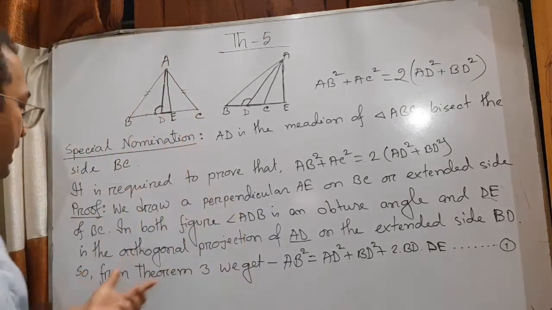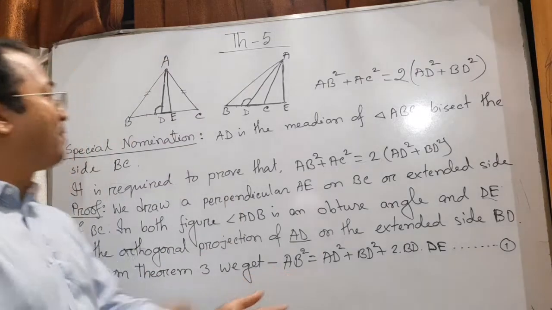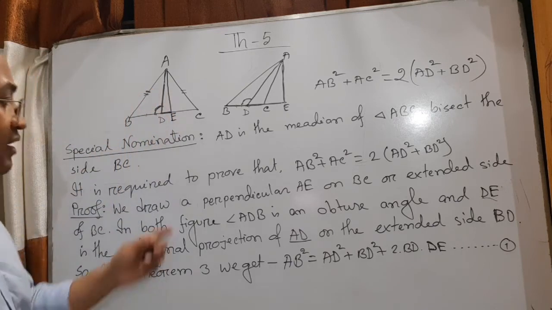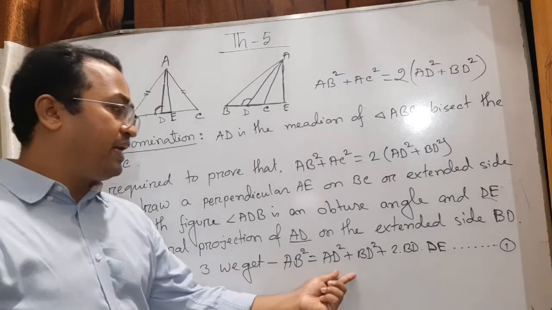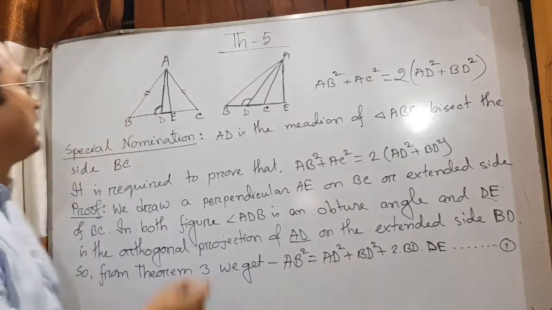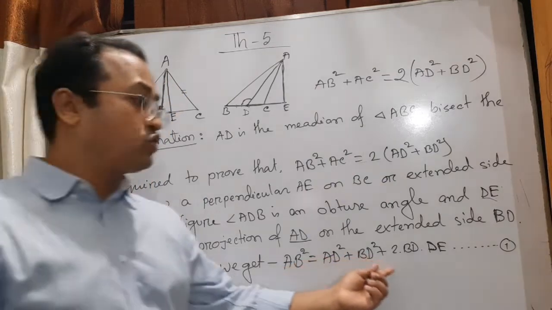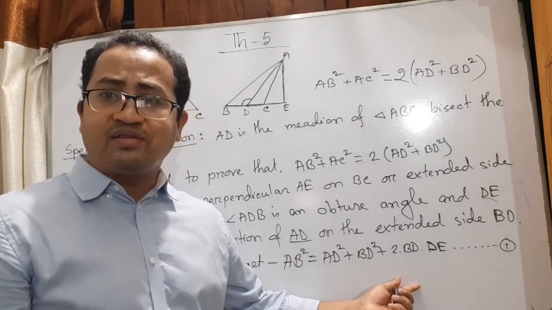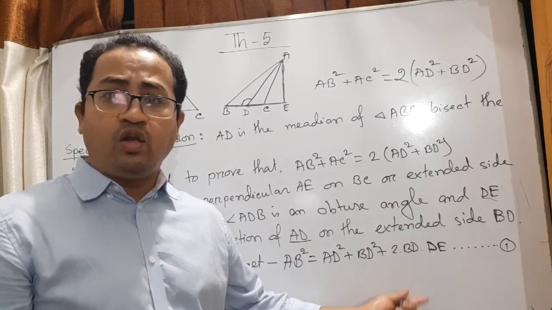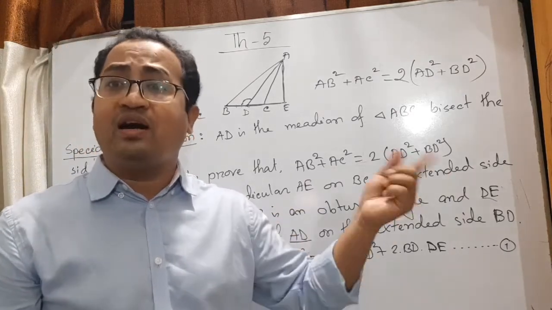So for the obtuse angle, from theorem 3 we get AB square, the side opposite the obtuse angle, is equal to AD square plus BD square, the other two sides, plus twice the area of the rectangle contained by either one side and the orthogonal projection of the other side.